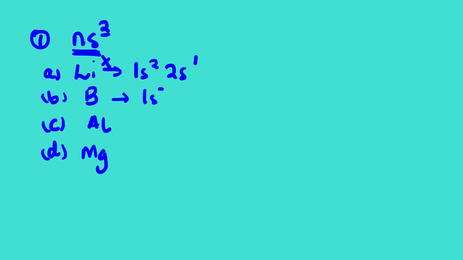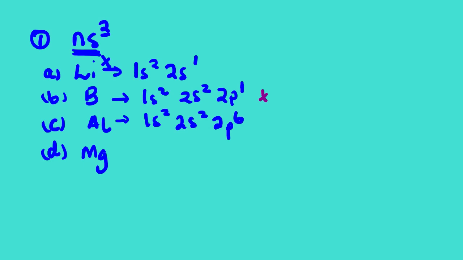Looking at boron, we have 1s2 2s2 2p1. We can see that boron is also out. Let us look at the next one, which is aluminium. 1s2 2s2 2p6 3s2 3p1.